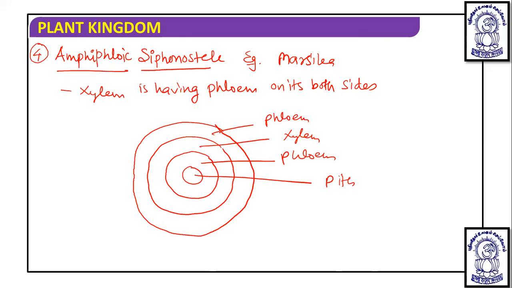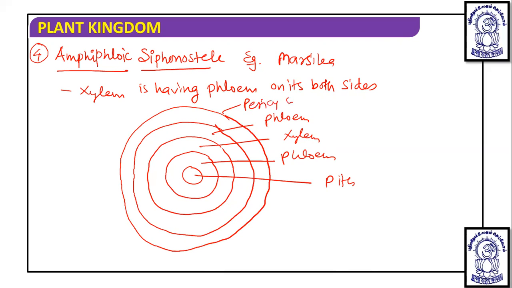And outside the phloem you will see the presence of pericycle. So here this xylem is surrounded by phloem on both sides, then it is known as amphiphloic siphonostele. And the example of amphiphloic siphonostele is Marsilea.